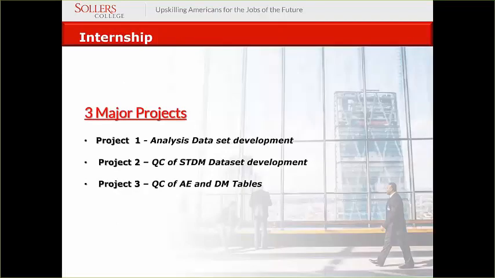After completion of all the modules like clinical research, data management, machine learning with R, data mining with R, machine learning with Python, and SAS basic concepts, advanced concepts, and clinical SAS portions, you will go on to an intensive internship training.